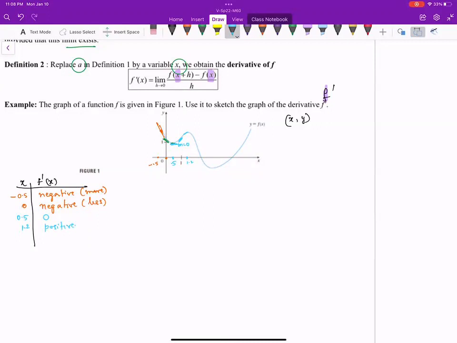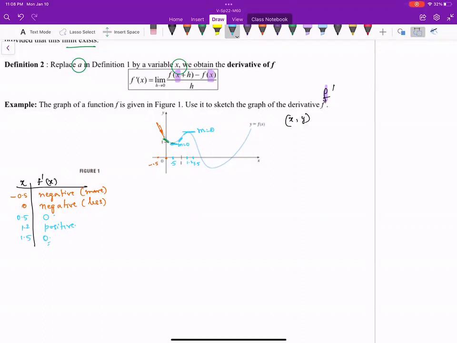Then at the point, say 1.5, I get a horizontal tangent, so m equal to 0. So it was 0, and then it became positive, then it reduced, and then became 0 once again.